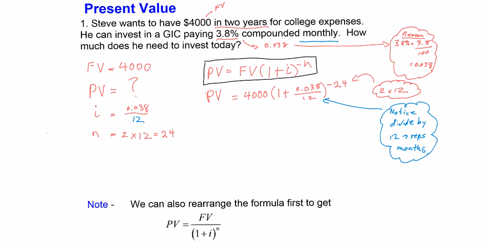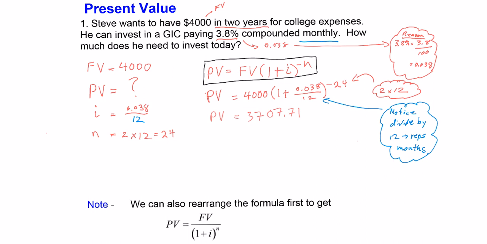Now, once we punch this into our calculator, we follow exactly the same steps we did last day. Remember, this fraction really is 0.038 divided by 12, in brackets, raised to the negative 24. And we get the following. Our present value is 3,707.71.